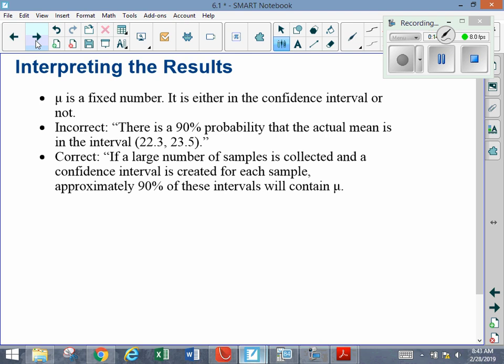So we don't want to say this word. That's what I was saying. The confidence interval is not a probability necessarily. Okay? It's a probability, but not a probability that the mean is in the interval. What that 90% means, and I said it before, is that if I was going to take a bunch of samples of the same size, 90% of the time, if I create a confidence interval, my confidence interval will contain the true mean.